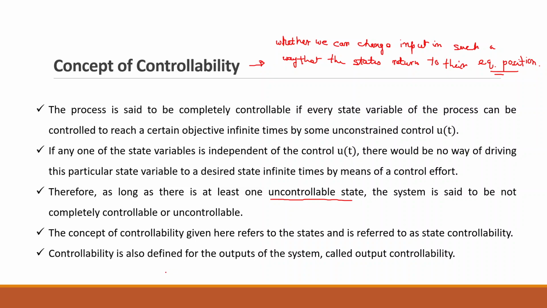Similarly, we can define it for the output, that we can change the output by changing the input. We say it is output controllability, and if it cannot, it's an uncontrollable output.